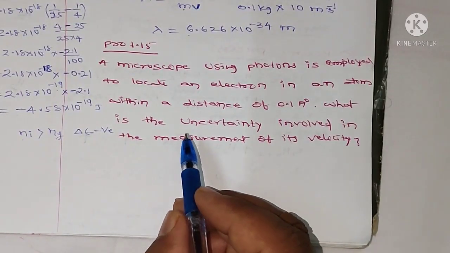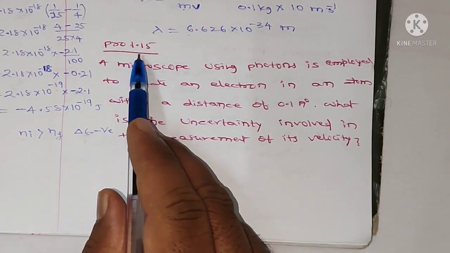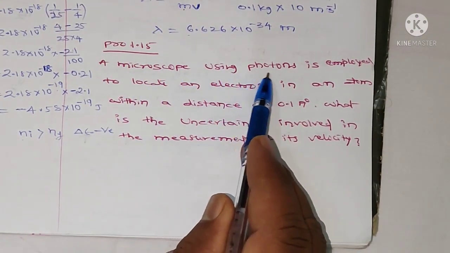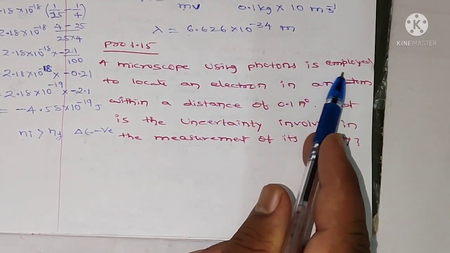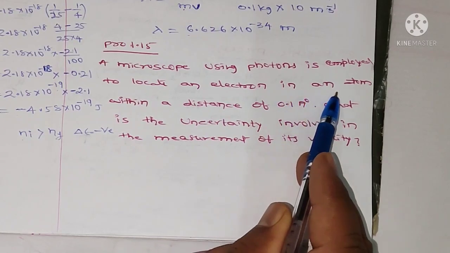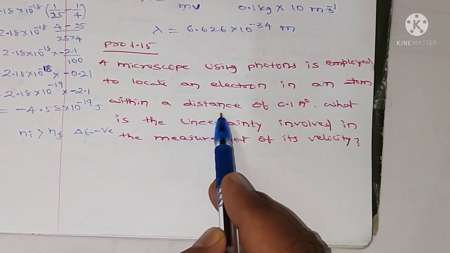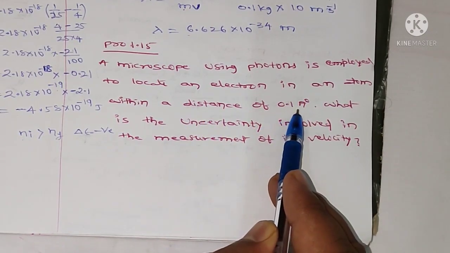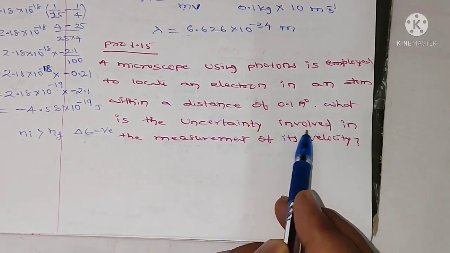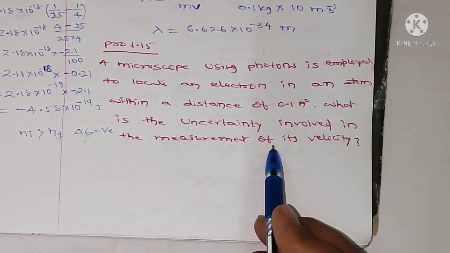Next, problem number 1.15. A microscope using photons is employed to locate an electron in an atom within a distance of 0.1 angstrom. What is the uncertainty involved in the measurement of its velocity?